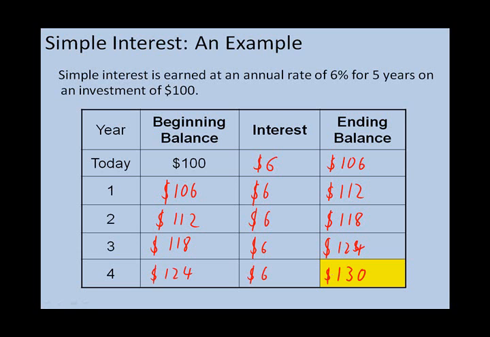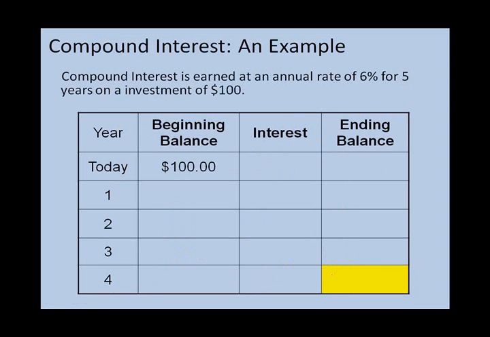What happens if we have compound interest rather than simple interest? Here we have the same example. We're starting with $100 and it's being invested at an annual rate of 6% for the next 5 years. Well, over the course of the first year, we earn interest at 6% on our initial balance of $100.